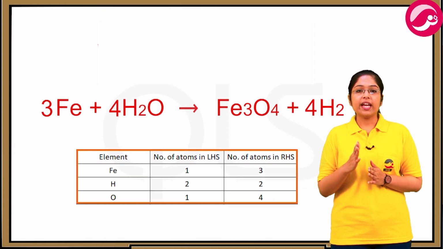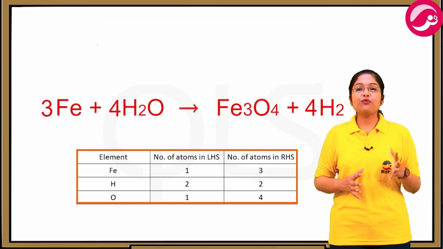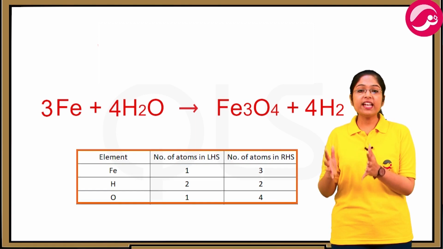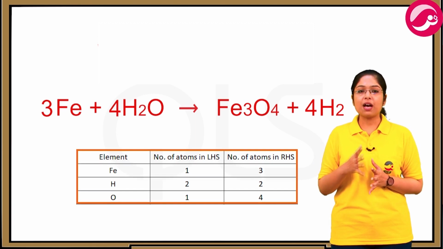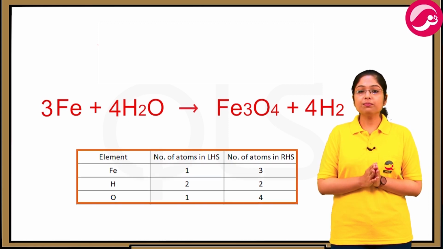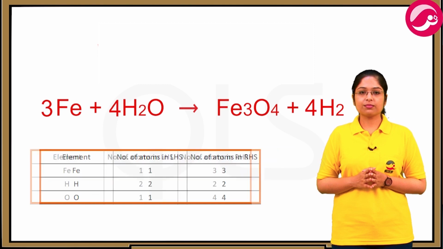4H2O has 8 hydrogen atoms and 4 oxygen atoms. How? जब भी किसी कंपाउंड के फॉर्मूले से पहले कोई भी नंबर एज अ प्रीफिक्स लिखते हैं, it means that certain number of molecules of that compound are present. यहाँ H2O से पहले 4 लिखे होने का मतलब है 4 molecules of water are participating in the reaction.